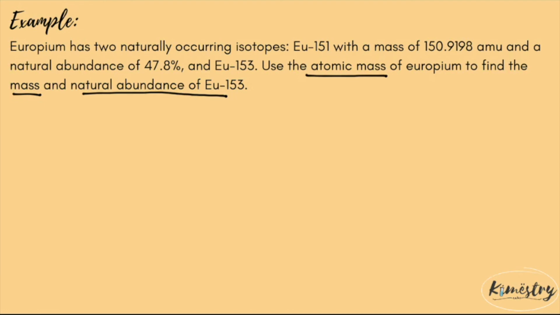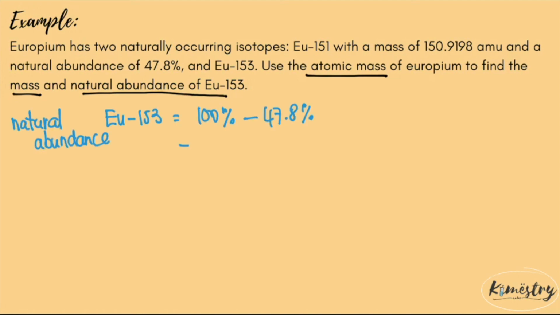In this case, we can find the Eu153 natural abundance by just taking 100% minus 47.8%, which equals 52.2%. So natural abundance check. Now we have to find the mass of the Eu153.